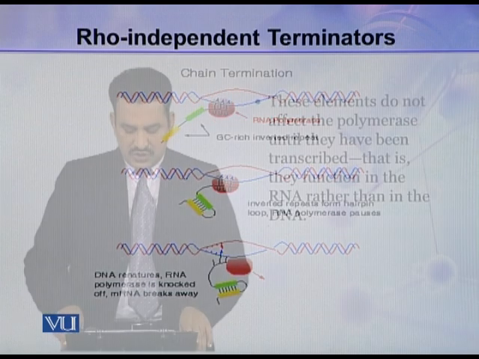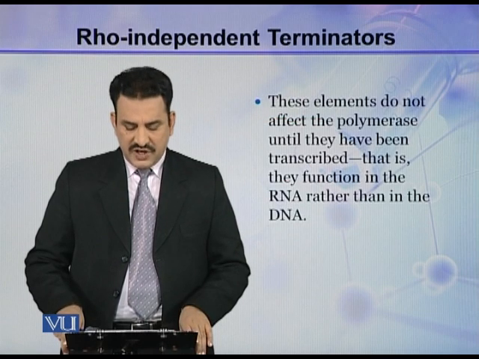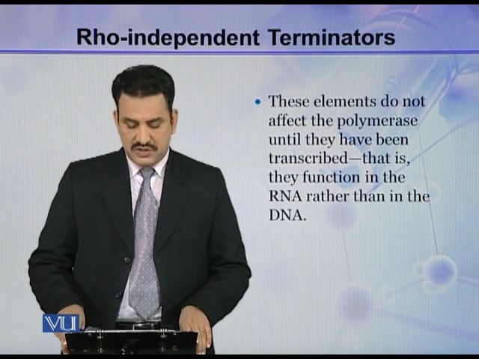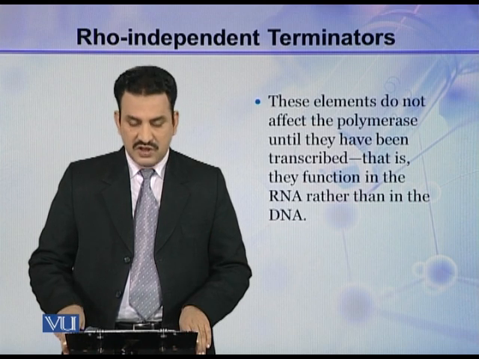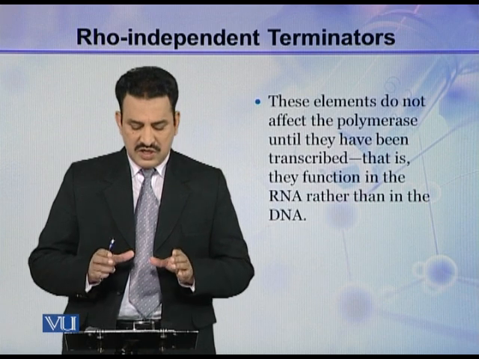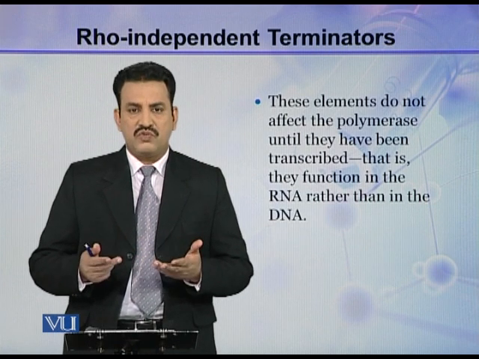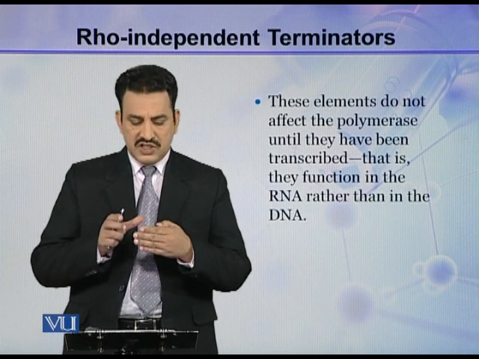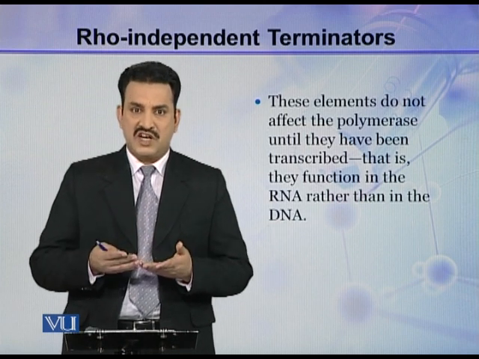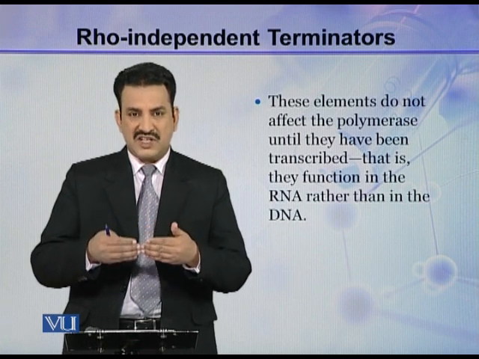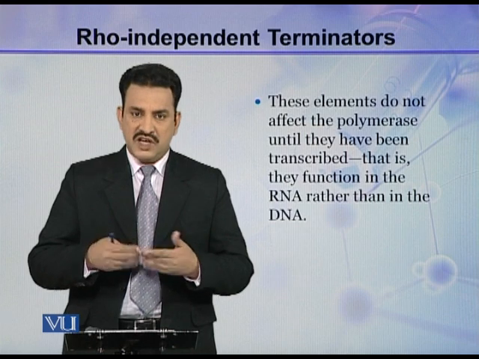These elements do not affect the polymerase until they have been transcribed. That is, they function in RNA rather than in the DNA. So although these sites are present in DNA, they do not work in DNA until this specific portion is transcribed. So when this specific sequence is transcribed into mRNA, then it will work.